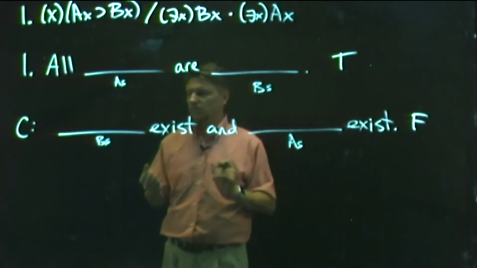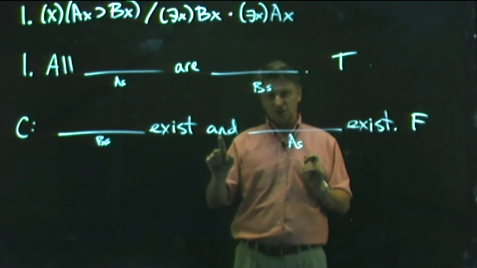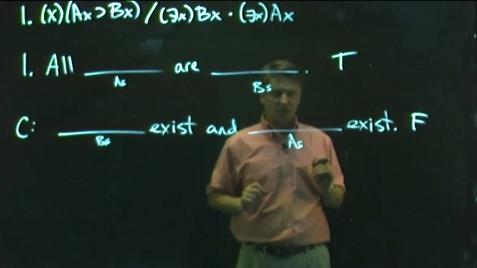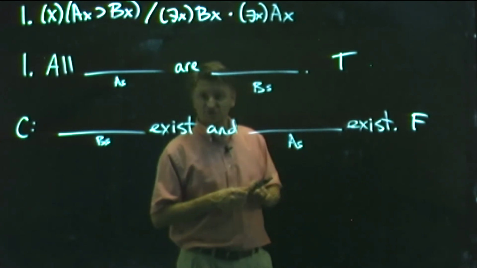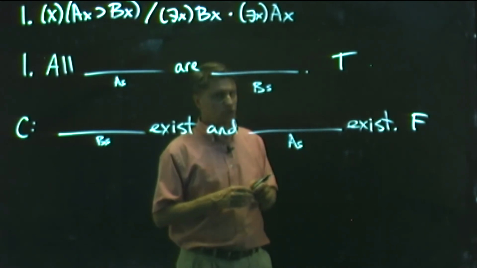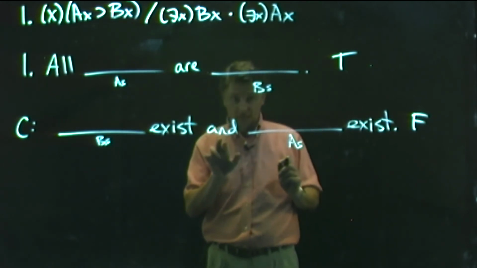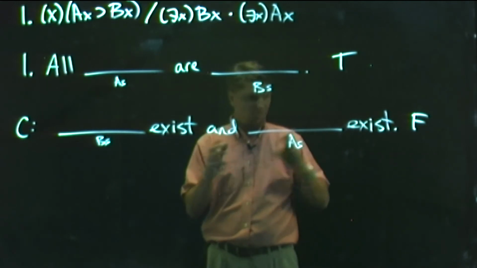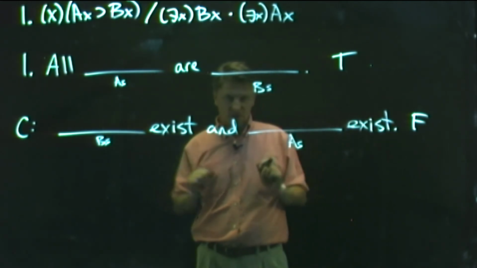Now, in this particular problem, we will notice that the conclusion, right, is a conjunction. It's something and something else. And so we will recall, actually, back to Chapter 5, 5.2 specifically, that when you want to make an and statement, a conjunction, false, all you have to do is make one or the other of the conjuncts false.